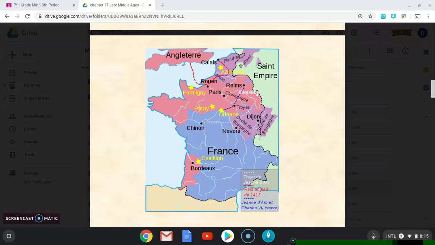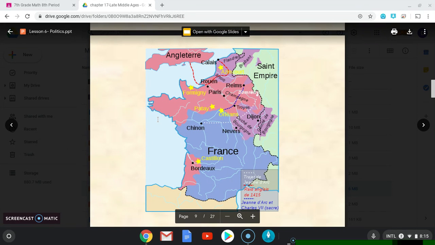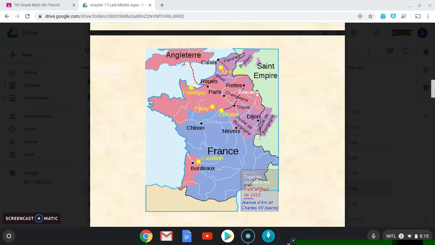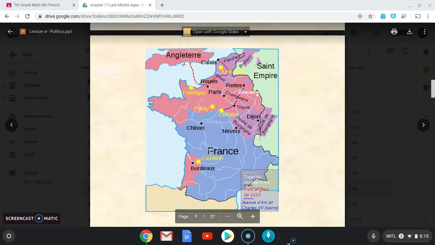And we could see during the 100 Years' War, in the red are the areas controlled by England. So England, for a time during the war, actually has control of Paris and most of northern France, as well as the southwest corner, this region called Bordeaux. And the area controlled by the King of France is reduced to this blue area.